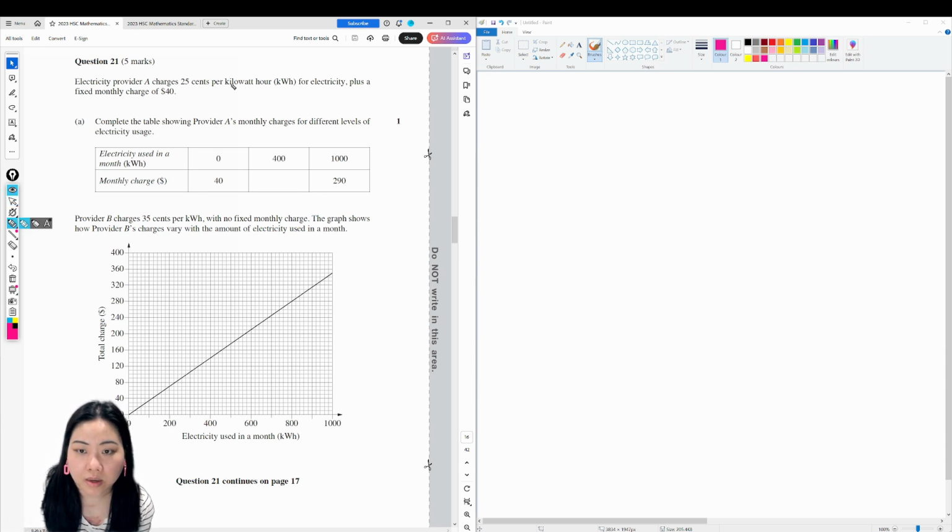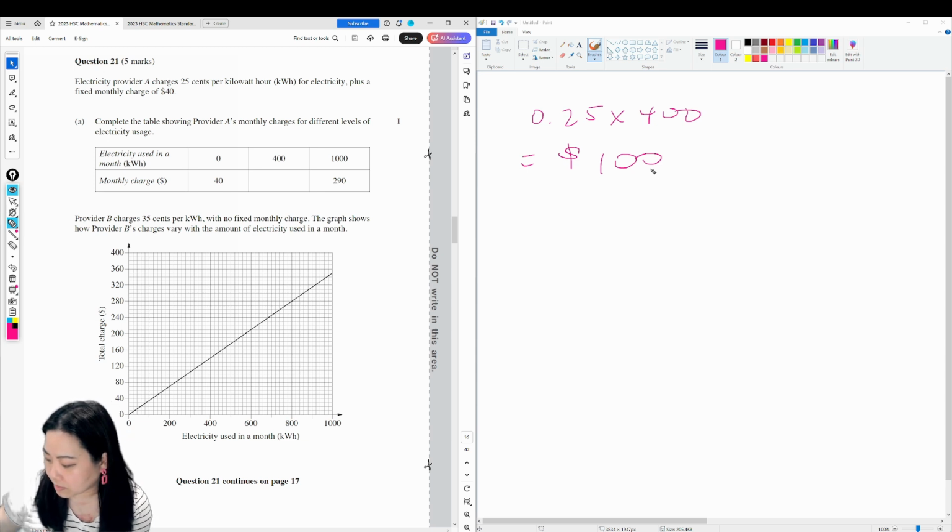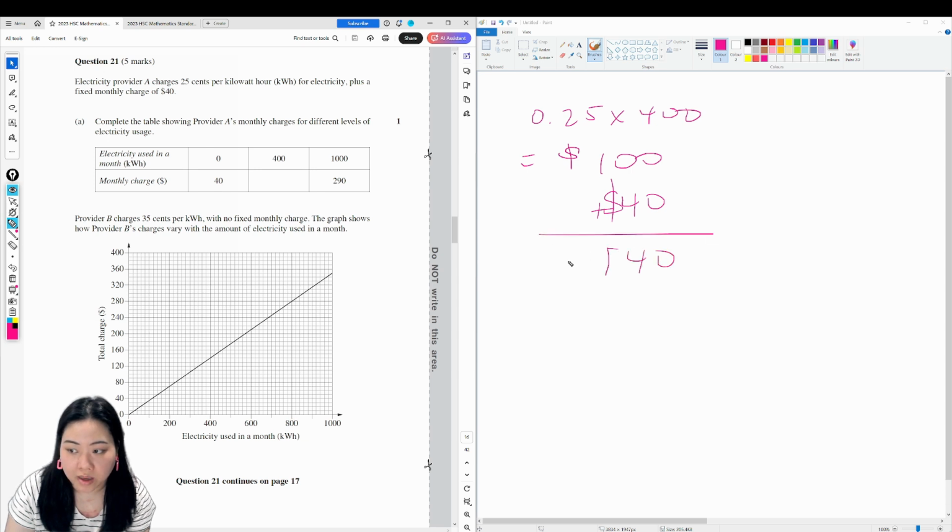Well, each kilowatt hour you have to pay 25 cents. Therefore, 25 cents times 400, which would be $100, I believe. The usage cost would be $100. However, you still have to pay $40 for the monthly charge. Therefore, you have to pay $140 here.